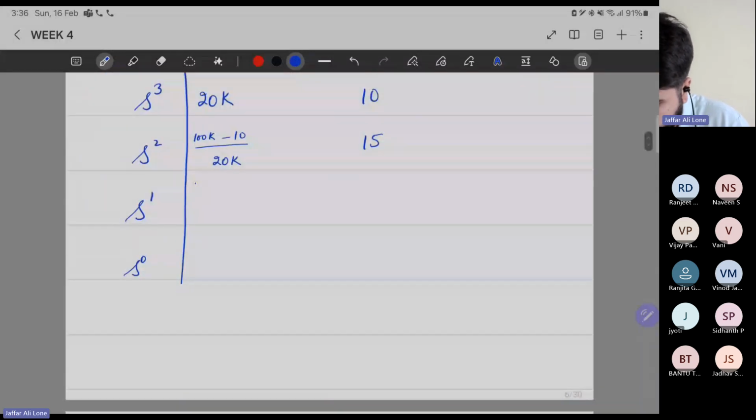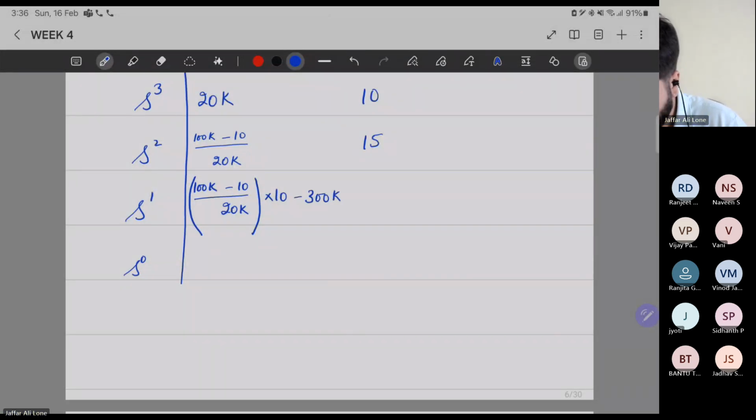Similarly, it will be here (100K minus 10) over 20K into 10 minus 300K, divided by (100K minus 10) over 20K. So yeah, here it will be 0 and the last term is 15.